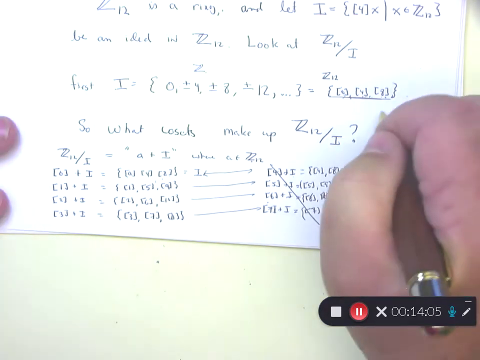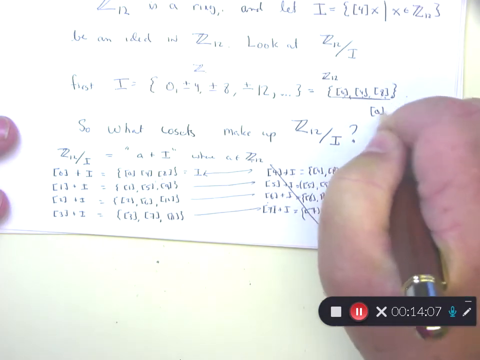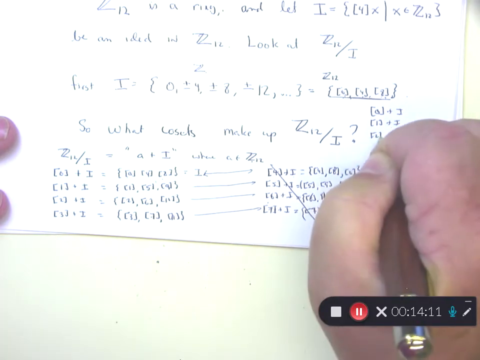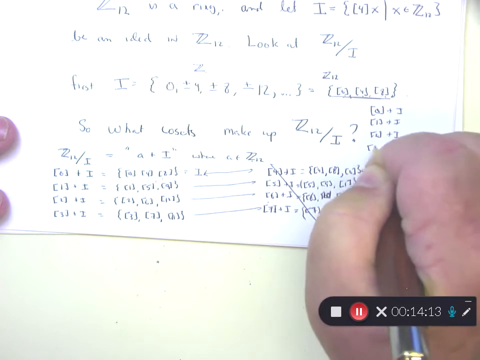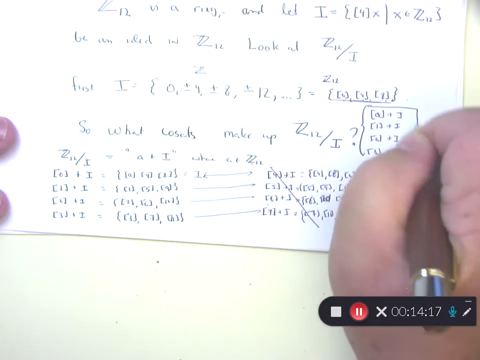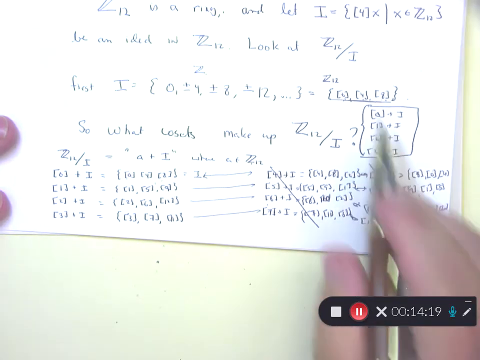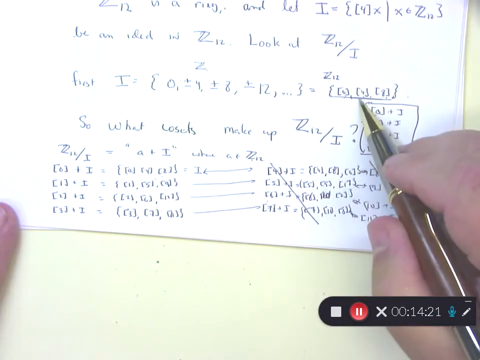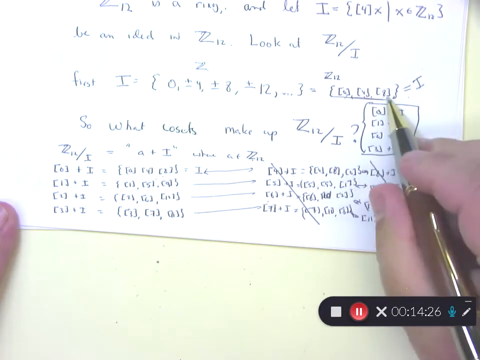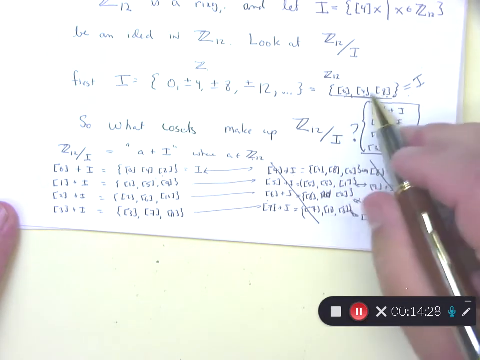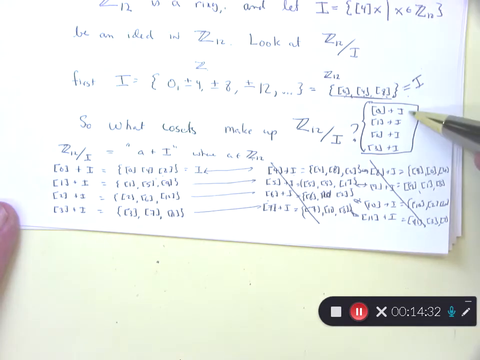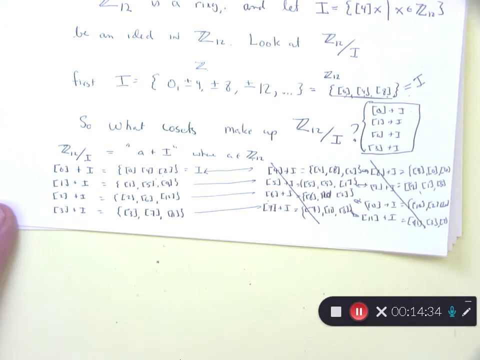They are going to actually be the cosets 0 plus I, 1 plus I, 2 plus I, and 3 plus I. That is what makes up the cosets. Because the next one would be 4 plus I, but 4 is inside of this set I. And when you add 4 back to elements inside of I, all you're going to get is I rearranged again, and 0 plus I is I itself. So you begin to duplicate after that.